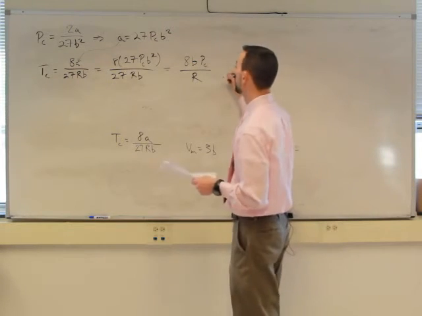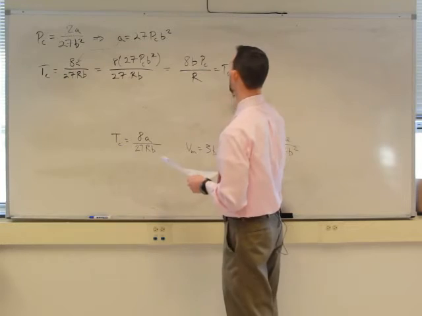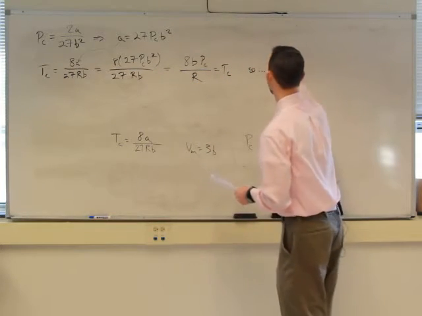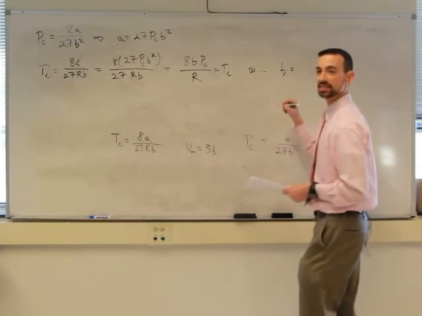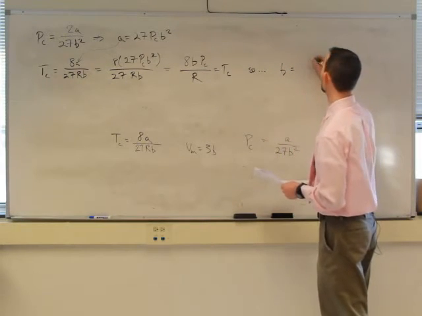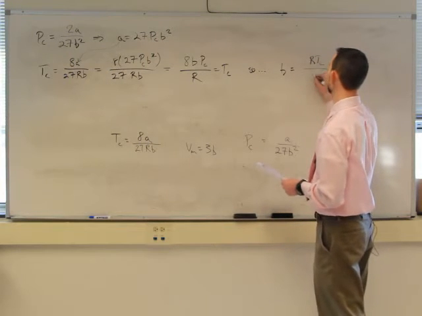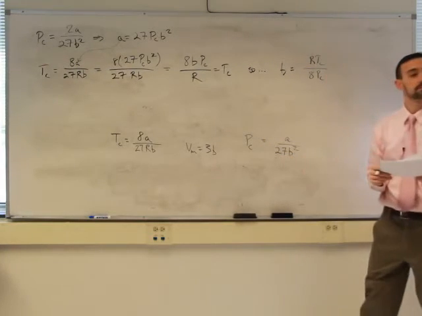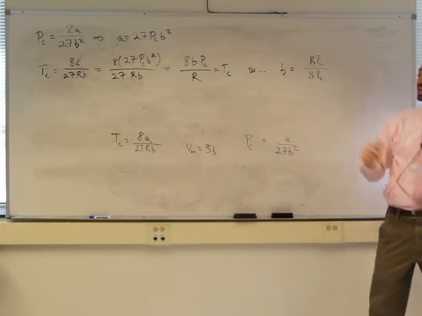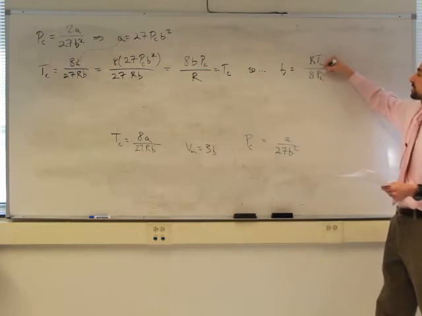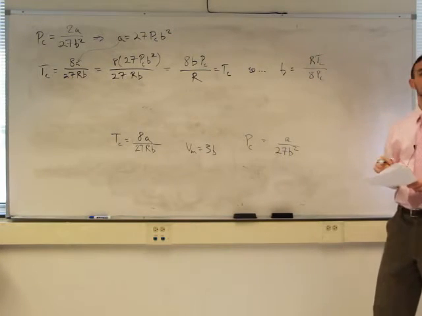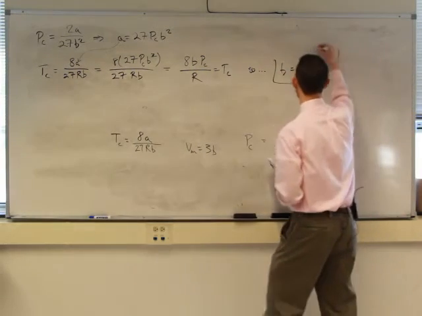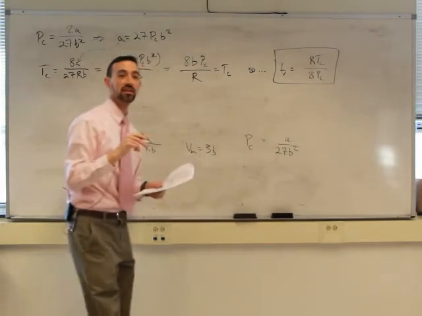Okay? So this is equal to TC, keeping that from the left side. So B, the van der Waals constant that we're interested in, equals R TC divided by 8 PC. We now have, if we can measure the critical temperature and critical pressure, we have B, the van der Waals constant then. Okay? So this is one of our final end results that we're after.